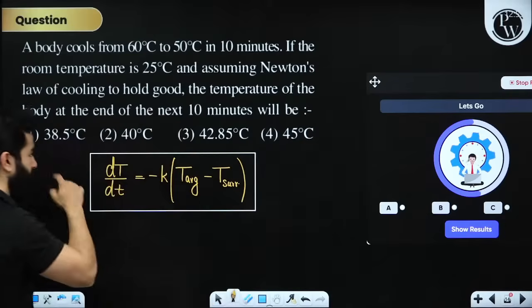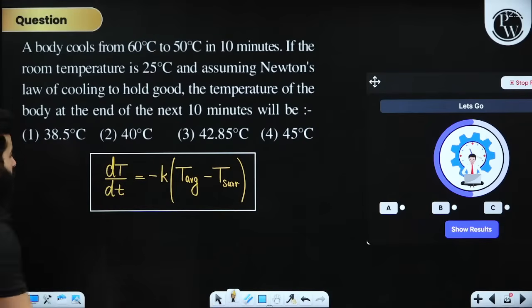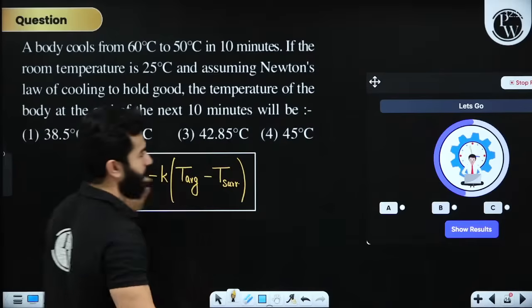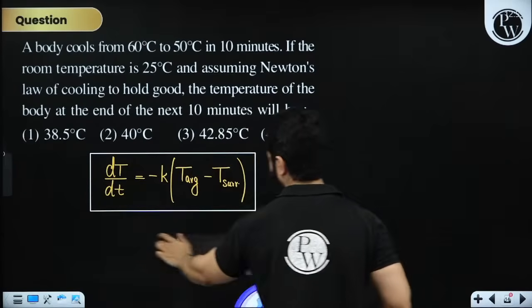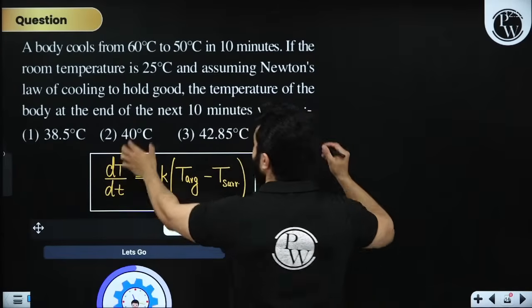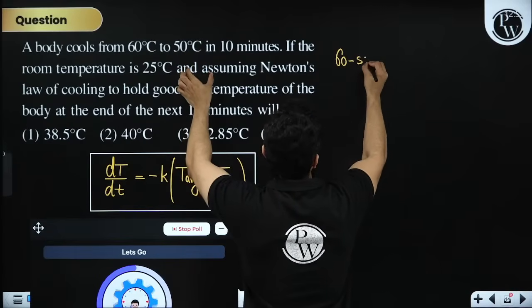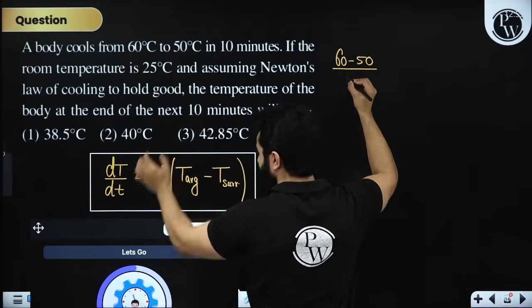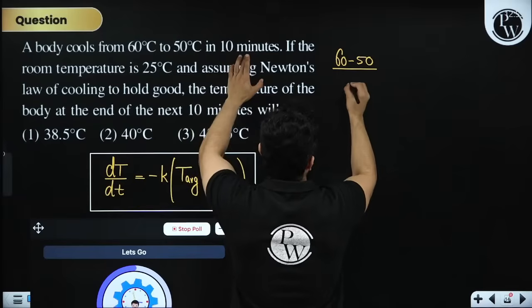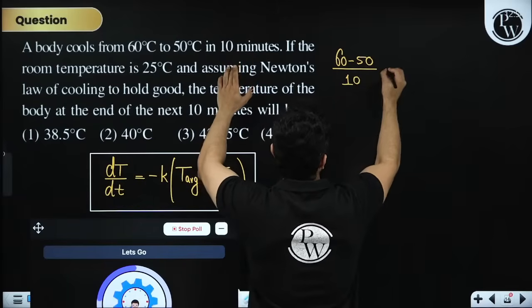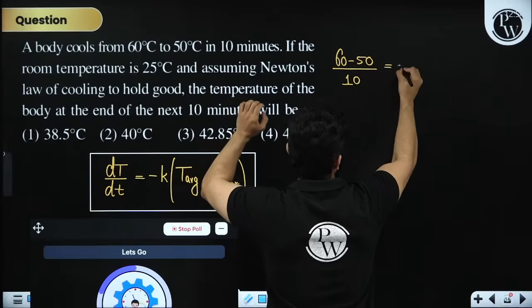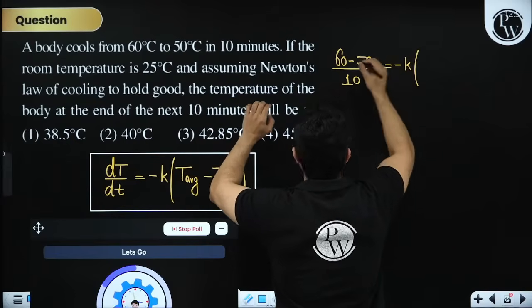Now this dT can be written as from 60 to 50. So 60 minus 50 divided by dt, and the time is 10 minutes. Let's keep it in minutes. Equals minus K and then the average.